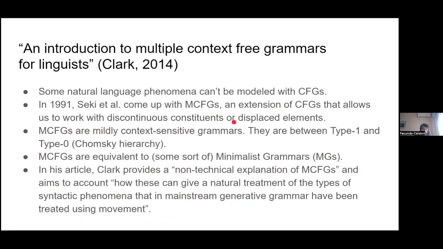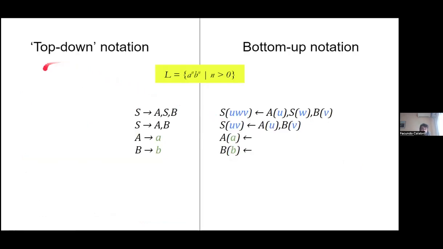Okay, so the first thing that Clark does is propose a change in notation, going from the classical notation that he calls top-down to this new notation called bottom-up. So these rules are equivalent.